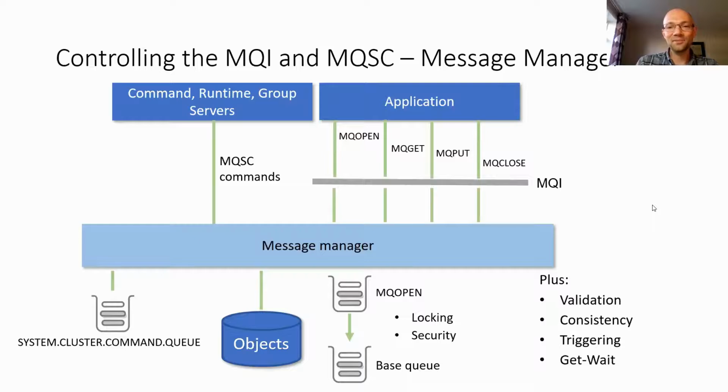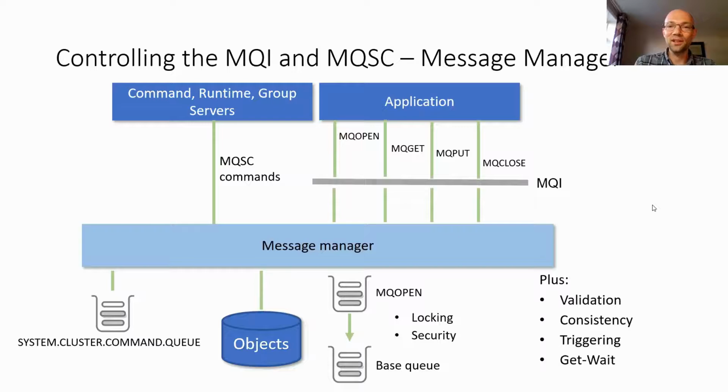But the message manager is what essentially deals with the MQI request itself. And it will get passed the MQI calls via the connection manager for pretty much all the MQI calls that your application performs. And then it will do quite a number of things in order to perform those MQI calls.